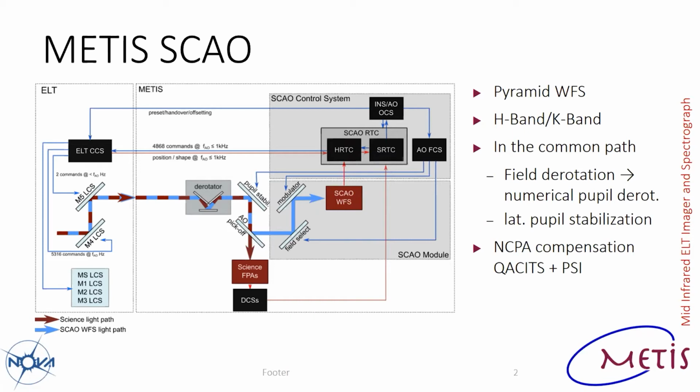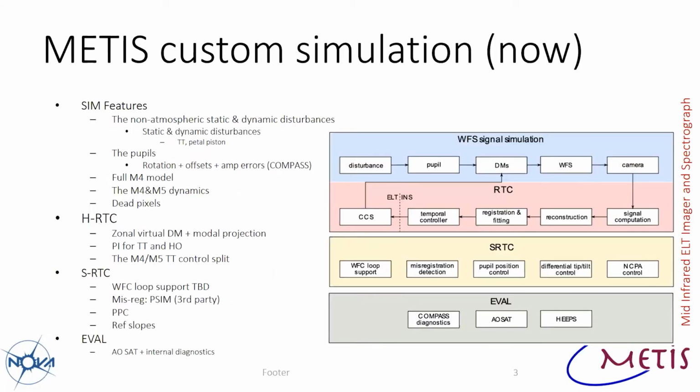That is, we have in the common path in front of the wavefront sensor the field derotator of the instrument and a lateral pupil stabilization mirror, which means that we have to derotate the AO signals in software. And there is a dedicated NCPA compensation mechanism running on the science camera and providing us with updates on NCPA and tilt offsets.